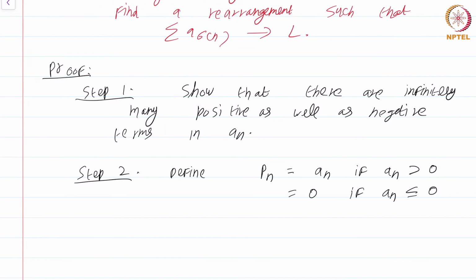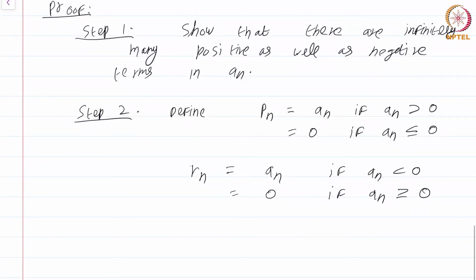Okay, so next I define a negative. I don't want to use Nn, so maybe I will just use Rn. Rn will be an if an is less than 0, and this will be 0 if an is greater than or equal to 0. Okay, so Rn is collecting together all the negative terms of the series. So Pn collects together all the positive terms, Rn collects together all the negative terms.